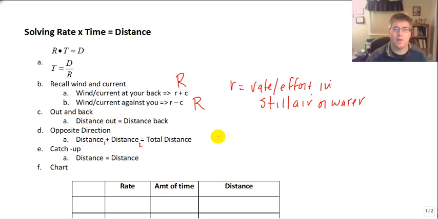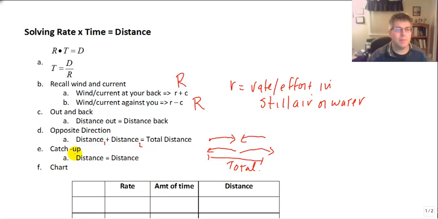So remember that about opposite directions. Two things traveling towards each other are still going in opposite directions. Just like if they leave from the same location and travel due east and due west, that again is an opposite direction, where the distance of one plus the distance of the other equals the total distance.